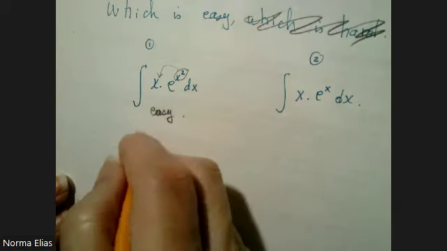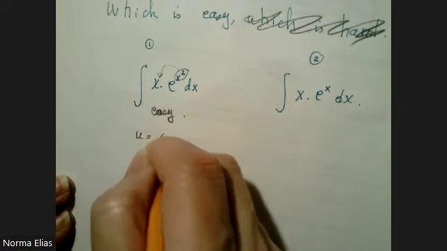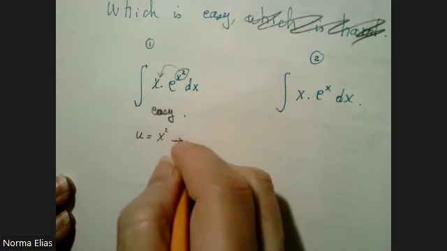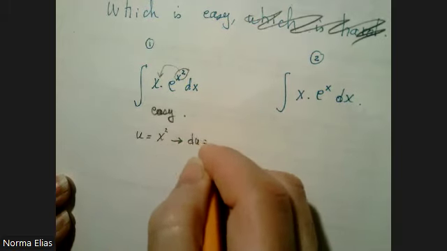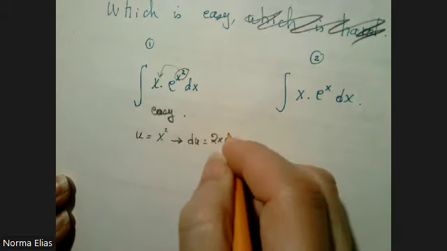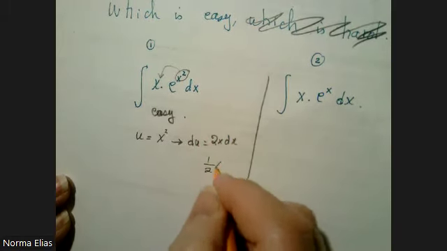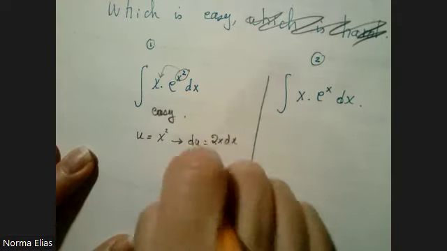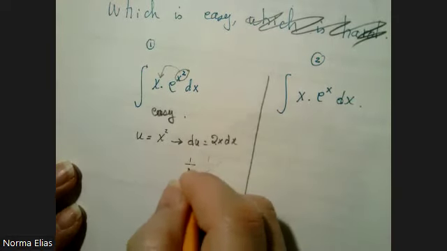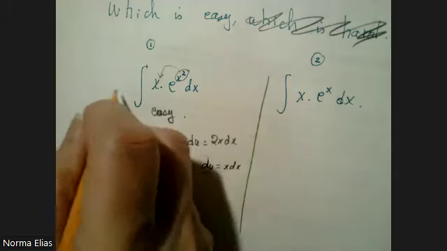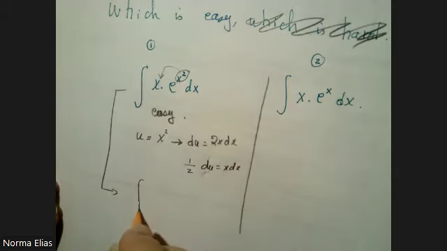So we're going to set u to be x squared. The du is the 2x dx. So half du is x dx. And this will become the integral of a half e to the u du.